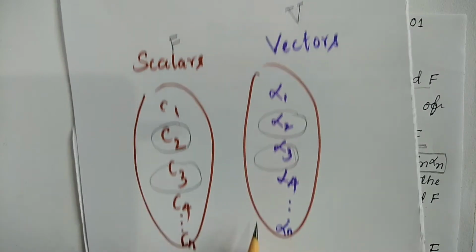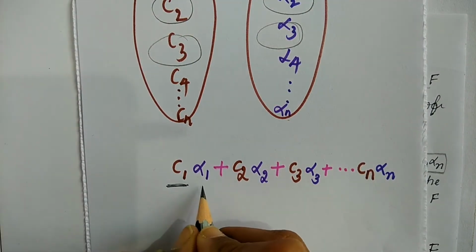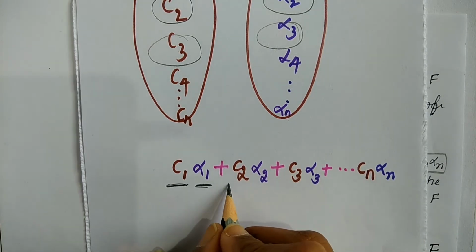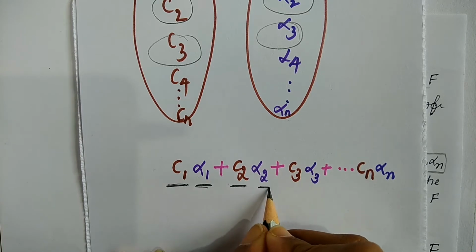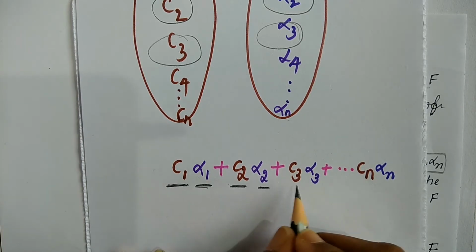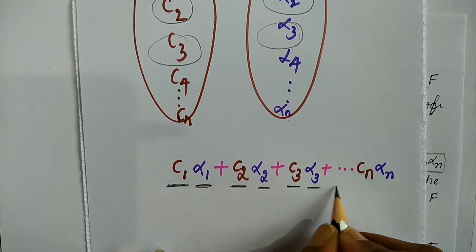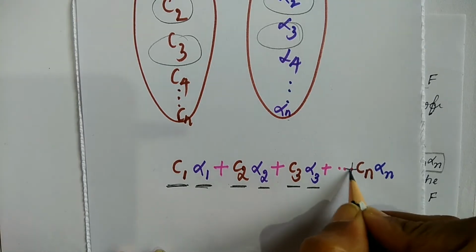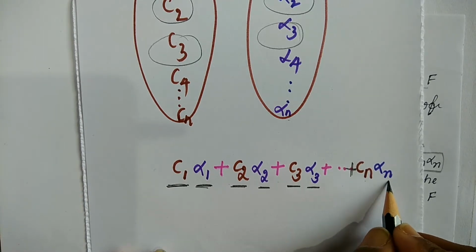That is, the scalar C1 and the vector alpha 1, plus the scalar C2 and the vector alpha 2, plus the scalar C3 and the vector alpha 3, plus so on, plus the scalar Cn, that is the nth scalar, and the vector alpha n.